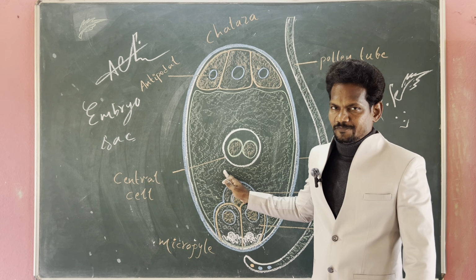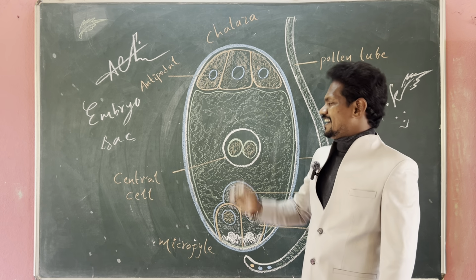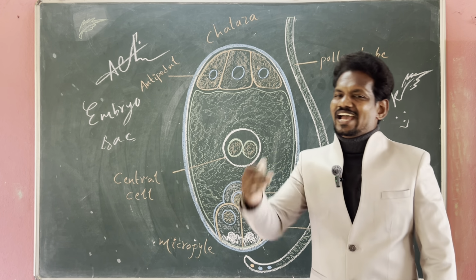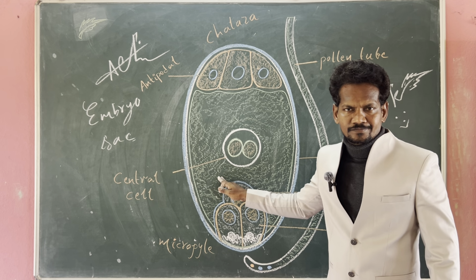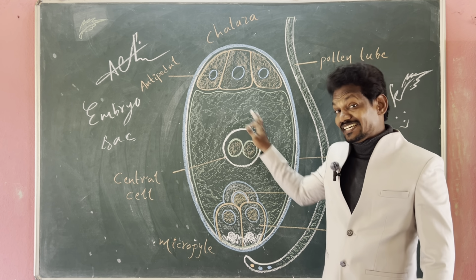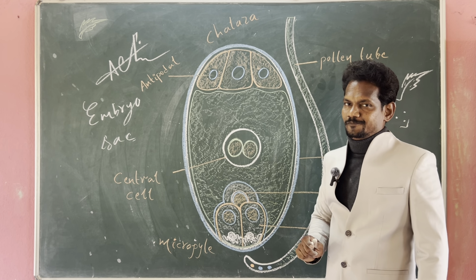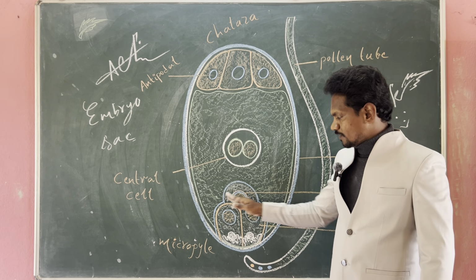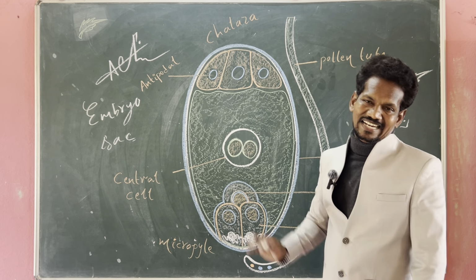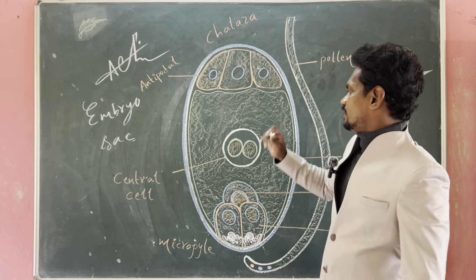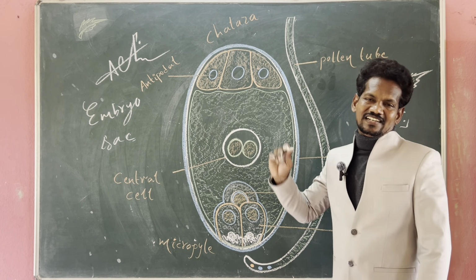These antipodals are the smallest cells in the entire embryo sac. The egg cell is the largest among these three. So that's about antipodals.